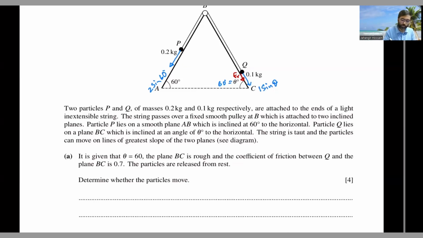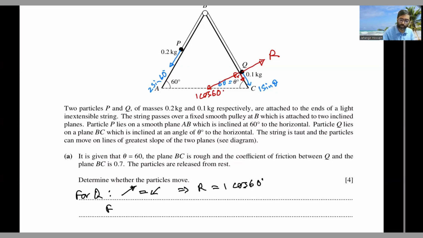First for Q, resolving. The component of weight along the plane is 1 sin 60. For Q along the normal to the plane, the reaction is equal to 1 cos 60. The maximum friction is mu R, which is 0.7 times 1 cos 60, or 0.7 cos 60.